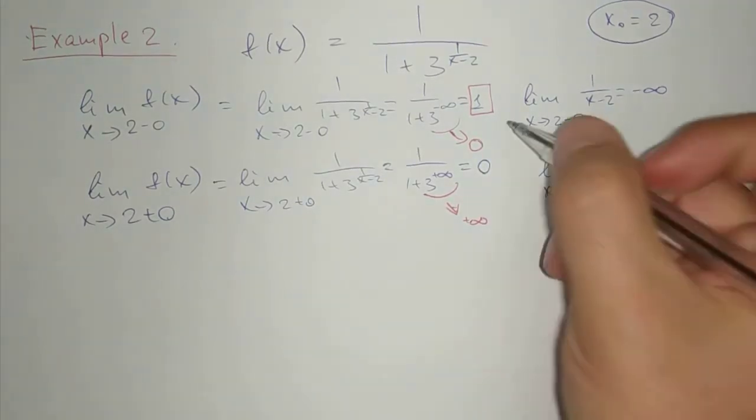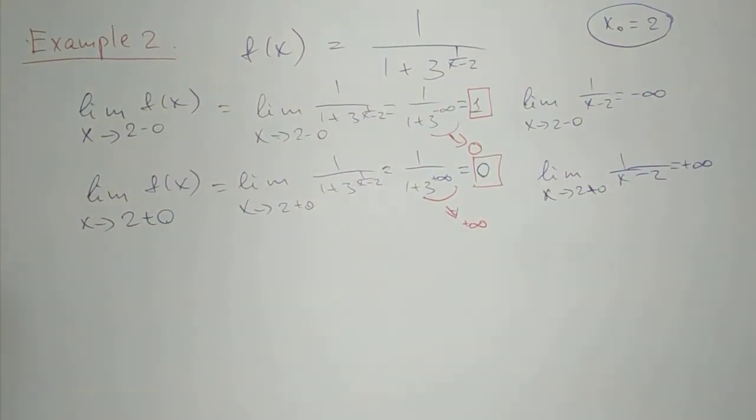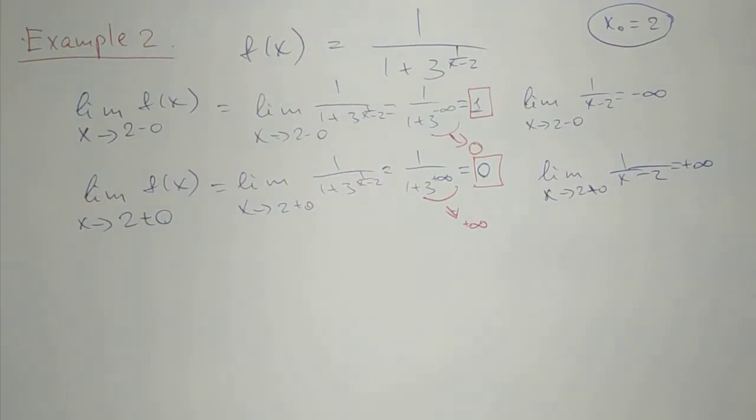So the right side limit at the point x equals 2 of this function is 0.